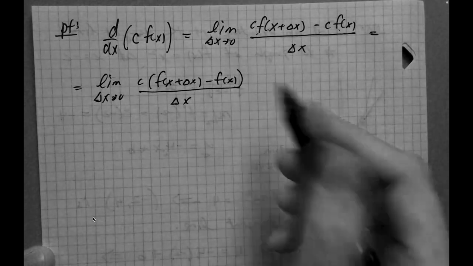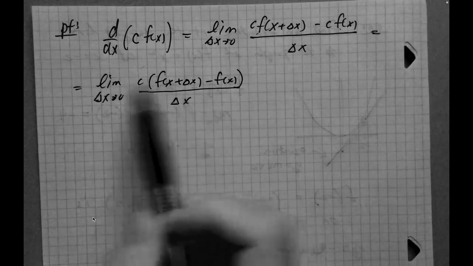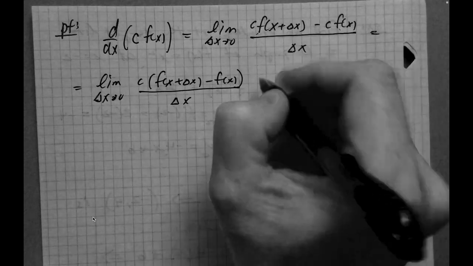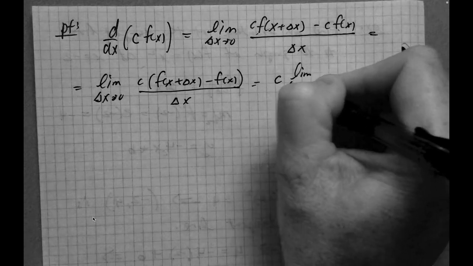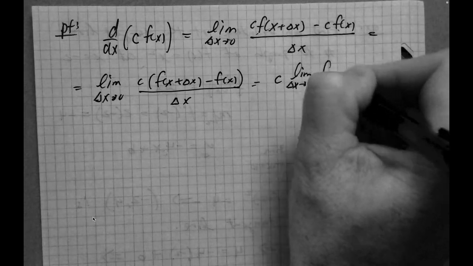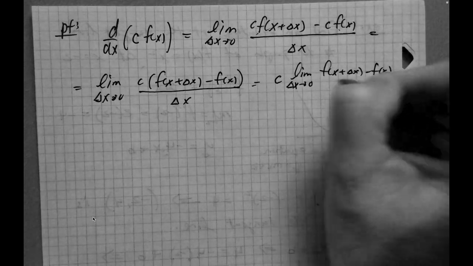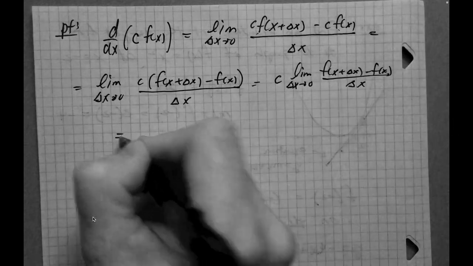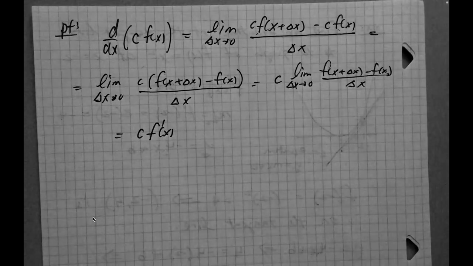Right, no problem. And a constant, we know when we're talking about limits, that for a constant times a function, you can pull the constant outside of the limit. So we can pull the constant out like so, and we're just left with the usual here, which is obviously just that. Okay.